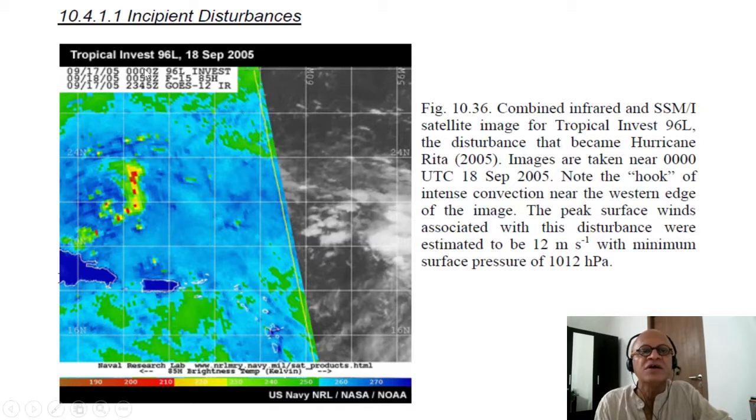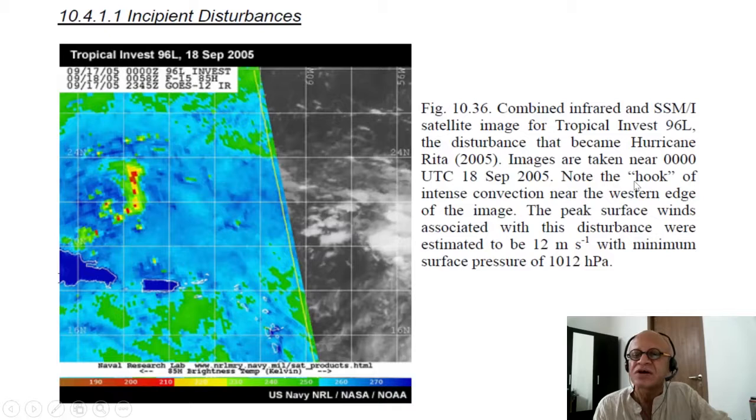So starting with what is called here as tropical Invest 96L, which is, Invest is a weather system that's being watched. So the incipient disturbance here, looking at combined infrared and SSMI satellite image for tropical Invest 96L, the disturbance that became Hurricane Rita in 2005, one of the monster record cyclone years for the US in terms of landfalls, that included Katrina, the infamous Katrina that I mentioned.